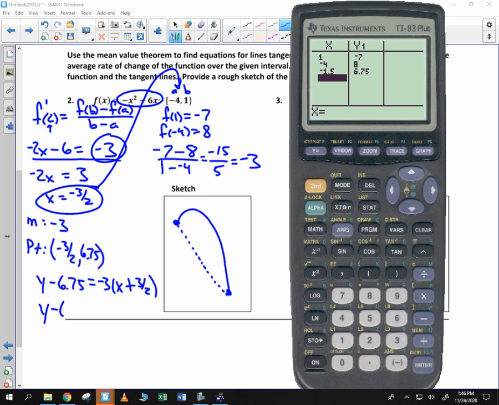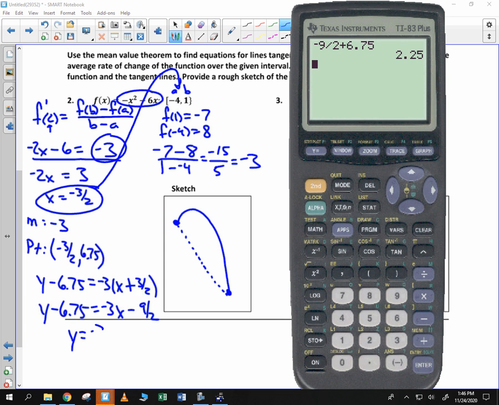So y minus 6.75 is equal to -3x. -3 times 3/2 is -9 over 2. If I add that 6.75, we have -9 divided by 2 plus 6.75, and I get 2.25. So y is equal to -3x plus 2.25.